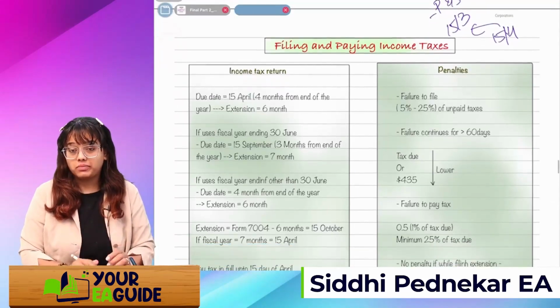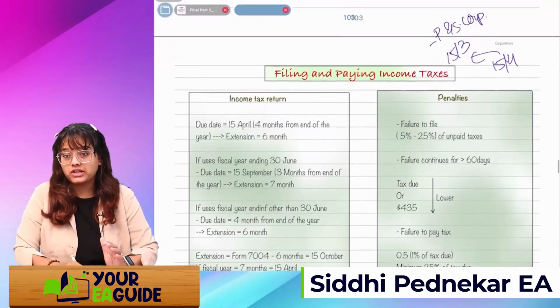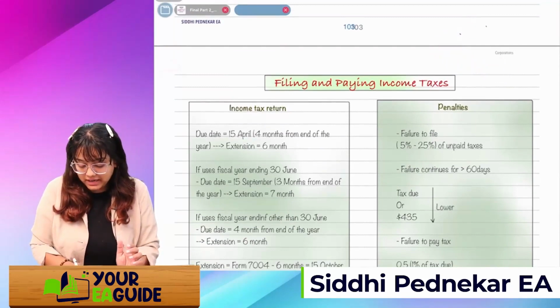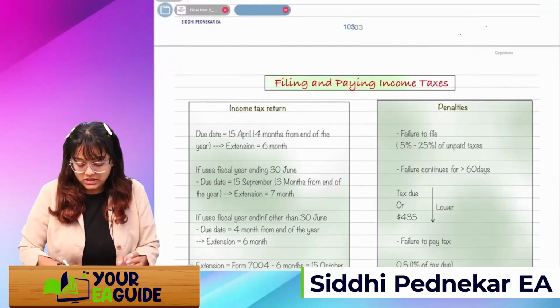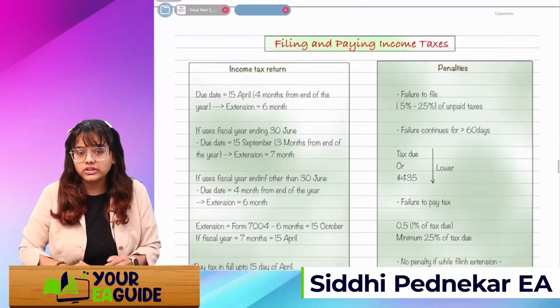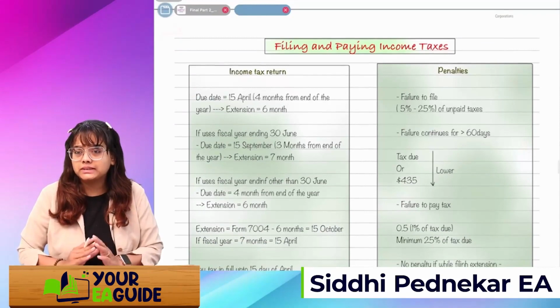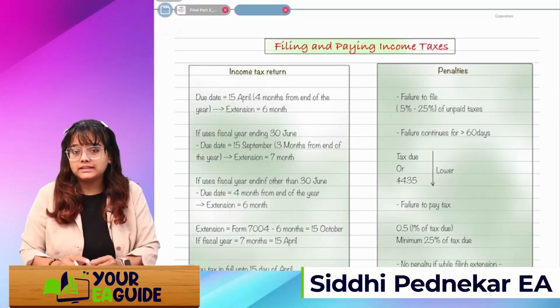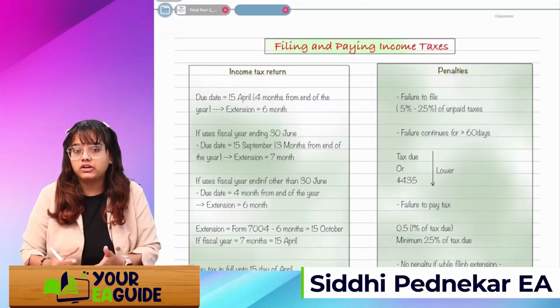Now C corp. If I talk about a C corporation, they are not a pass-through entity. They pay their tax on their own. They will calculate their own taxes and then pay them. So in that case, the due date is the same as the 1040 return, that is 15th of April. I can say the 4th month from the end of the year.